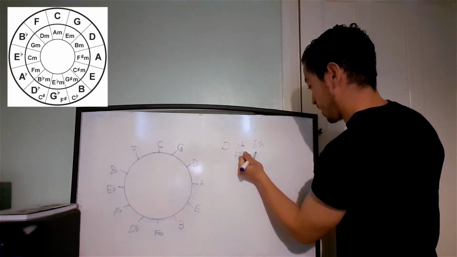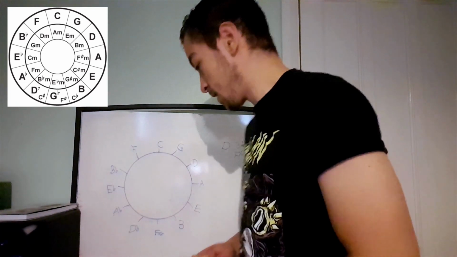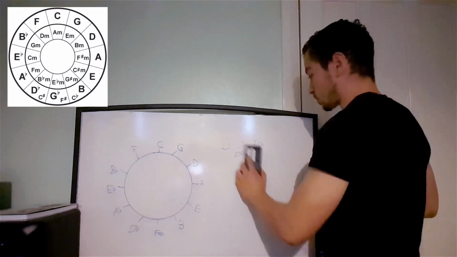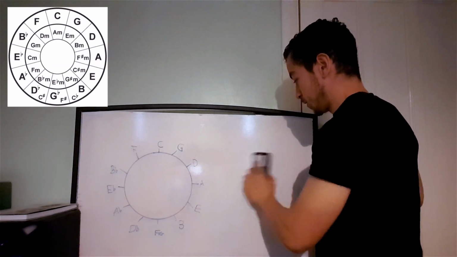So your fifth would be an A, and that's how you can work out the fifth in any particular chord that you would like. I hope you can see that all right.